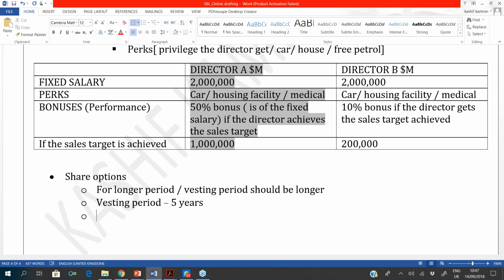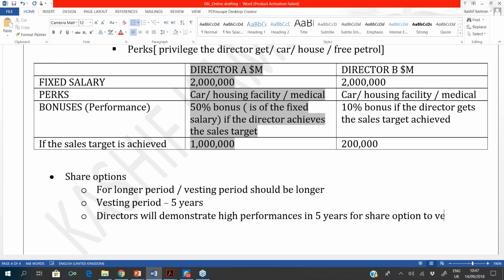So 5 years means the directors will demonstrate high performances in 5 years for the share options to vest.